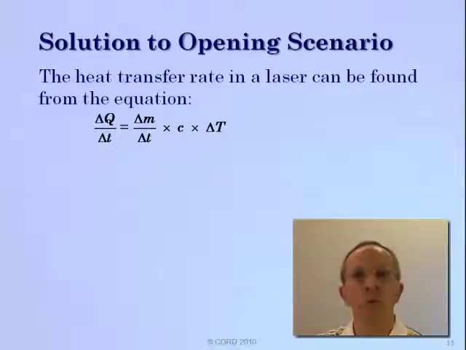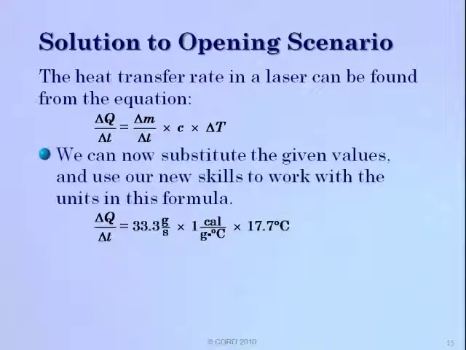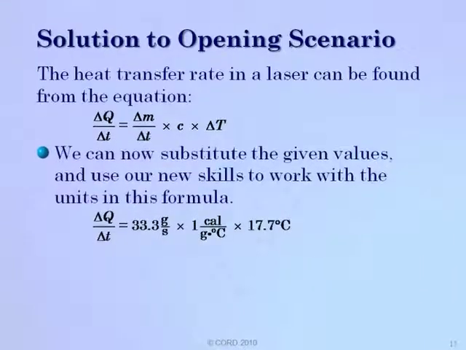So now I think we're ready to work on that opening scenario problem where we had to deal with lots of different units together. Let's look at that equation again. We can substitute in the given values and work with those units.